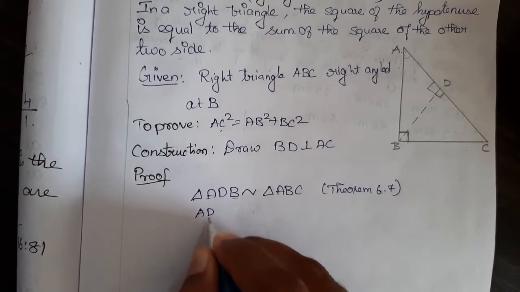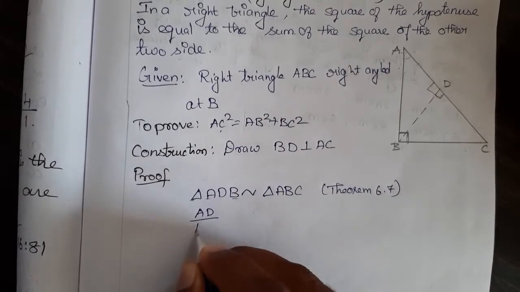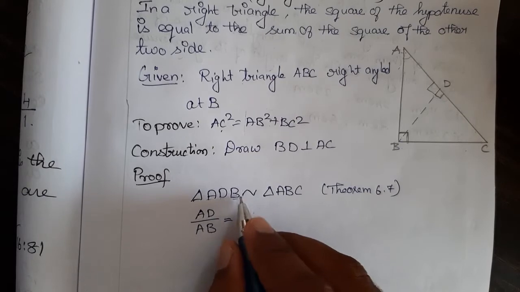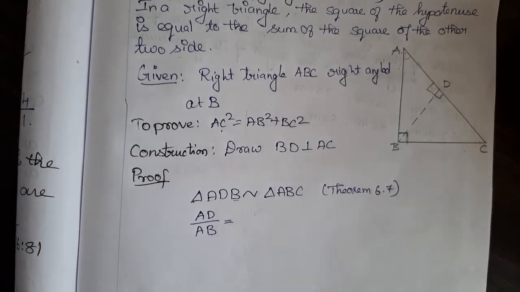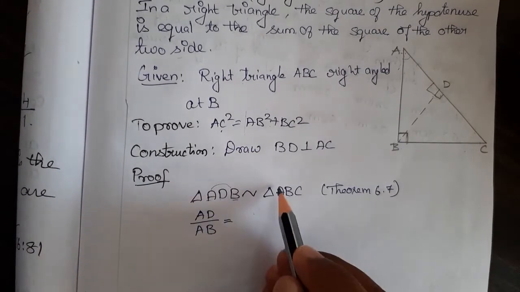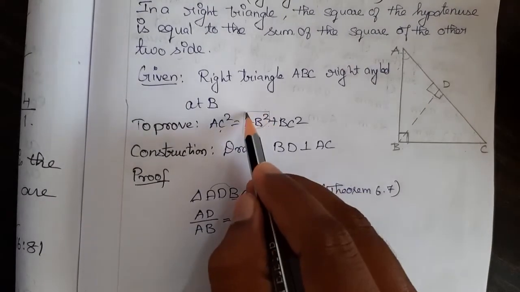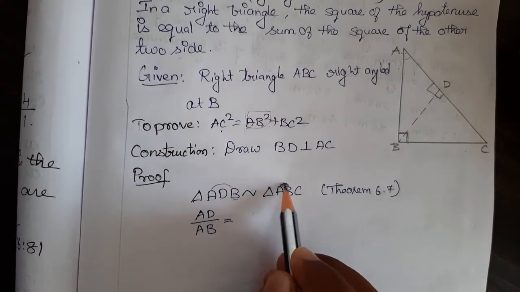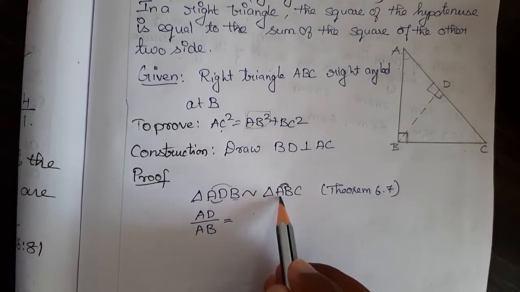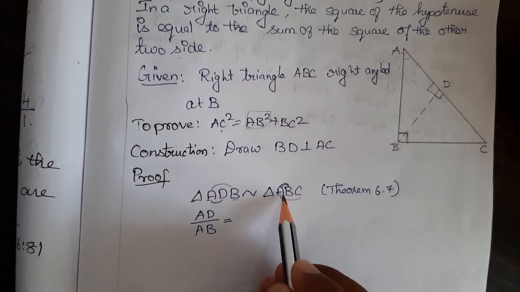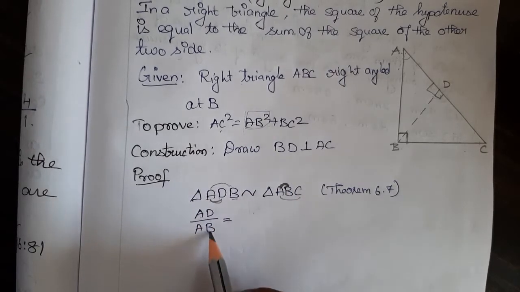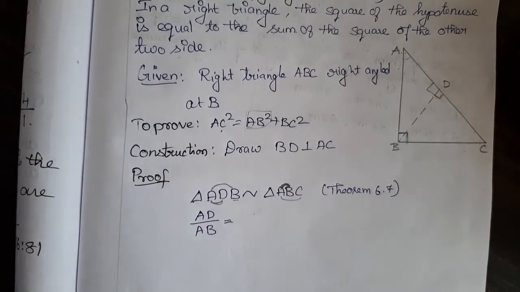That is AD by AB is equal to, actually we need first to prove AB, so AB we will be taking. The ratios involving that alone we can choose. So the first one is AB and AD, so AD by AB, next AB and AC alone we can choose.